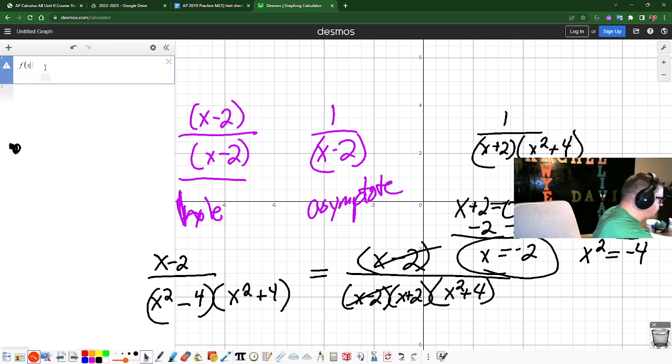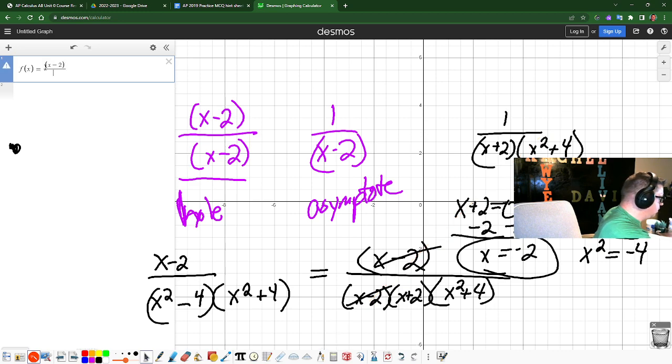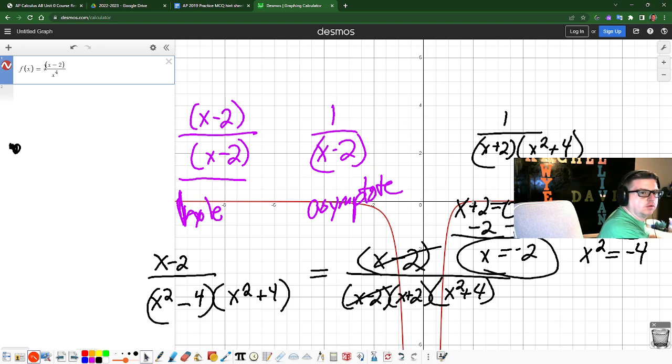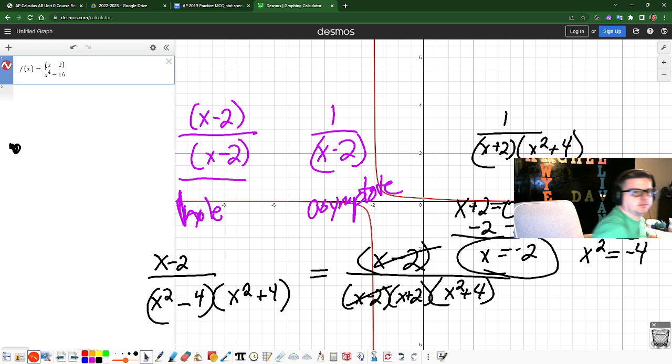F of x equals x minus 2 over x to the 4th minus 16. Oops, 16.